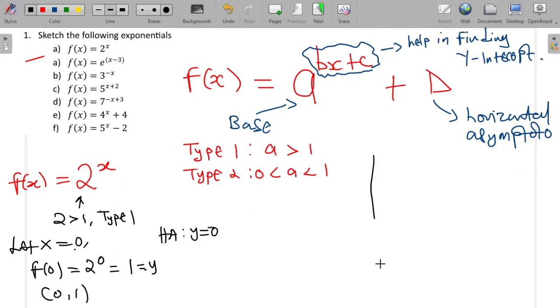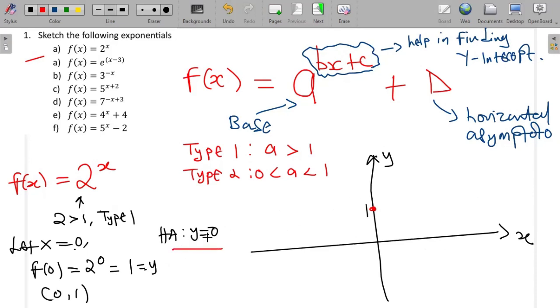Then let's plot it. This is my y and this is my x. The point that I need is (0, 1), which will be somewhere here, so I can plot it like that. And my horizontal asymptote is y equals 0, because this 2 to the power x is not added to anything. We said the horizontal asymptote is what you add to this base to the power something.